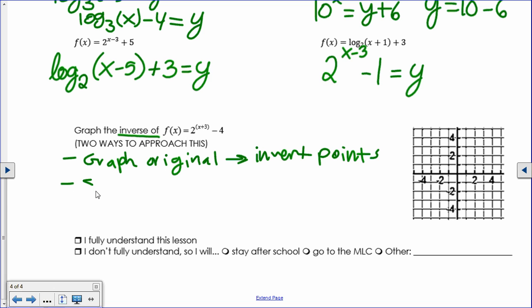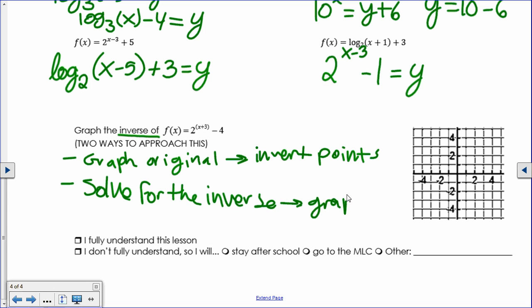The other way would be to solve for the inverse and then graph that, just like we were doing up here. If they ask you to graph the inverse of this, you can solve for the inverse like we were just doing and then graph that. Let's say you prefer graphing exponentials as opposed to logs.